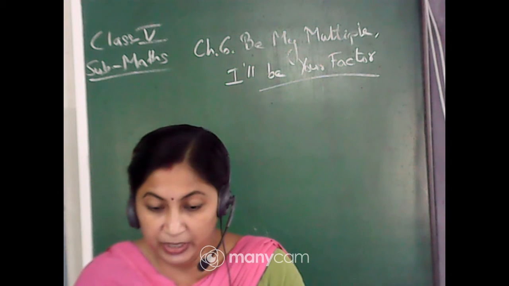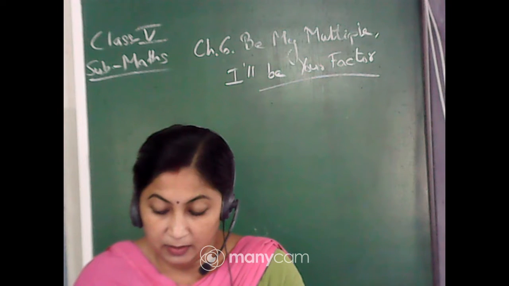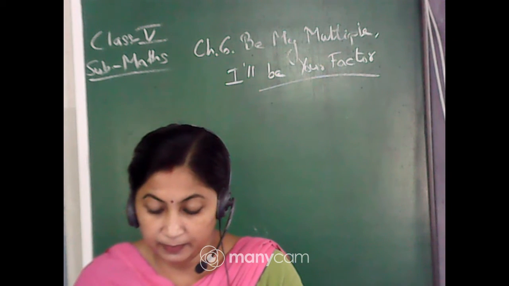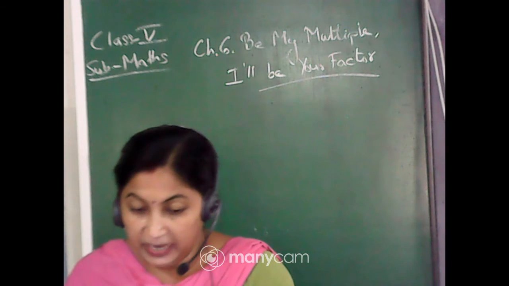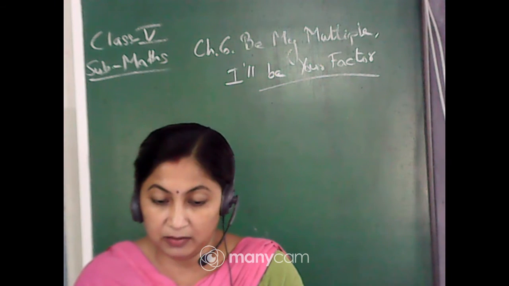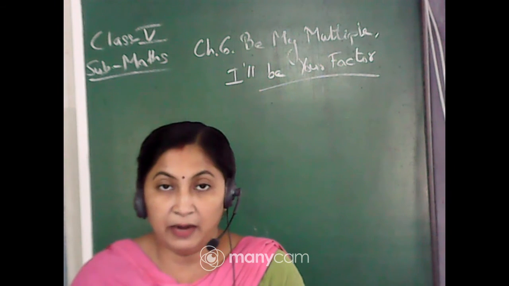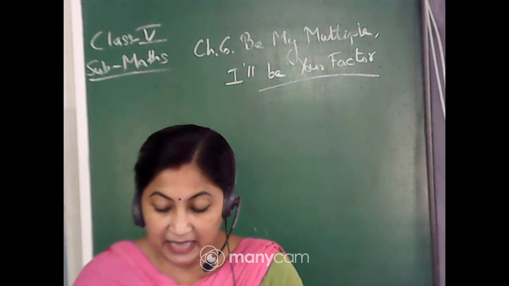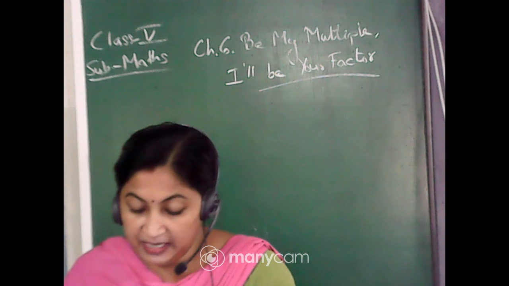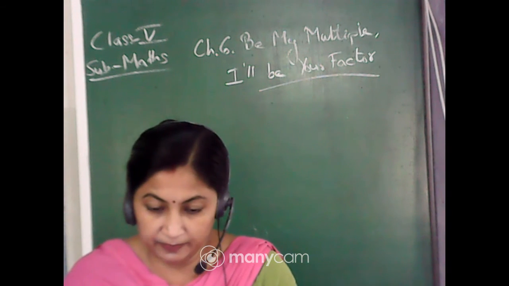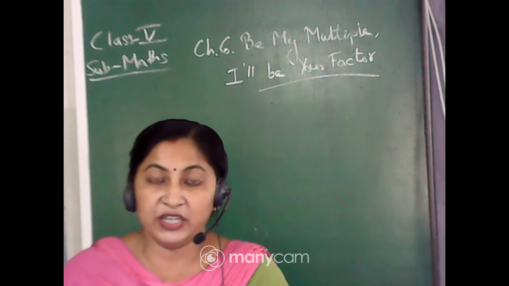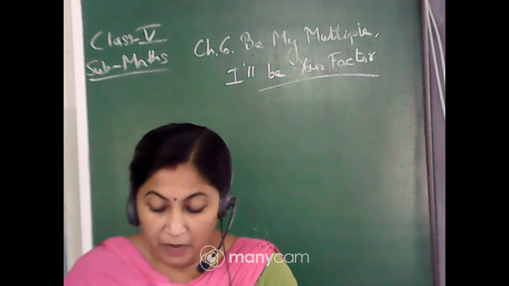You have written 3. But actually it will be 5, not 3. Just rub it and write 5. 5 rectangles can be made using these 12 tamarind seeds. Just do the correction. How is it 5?